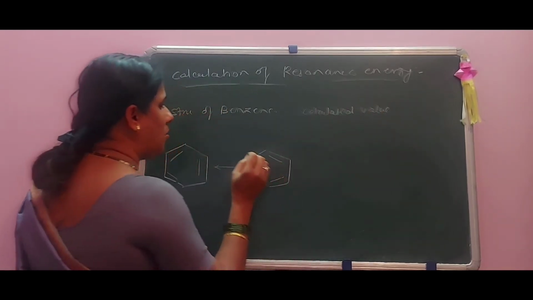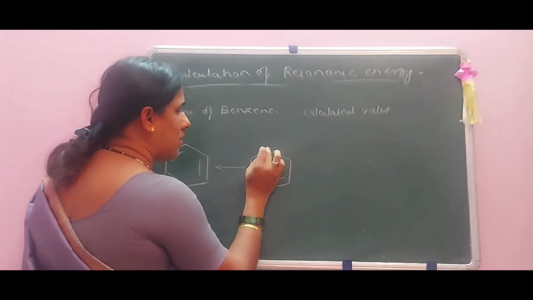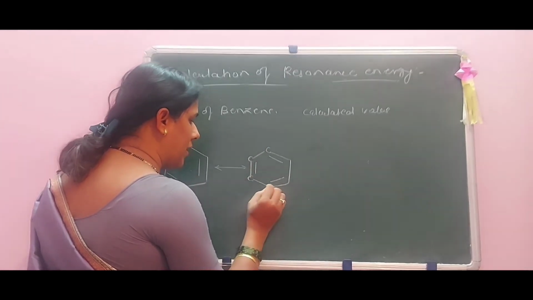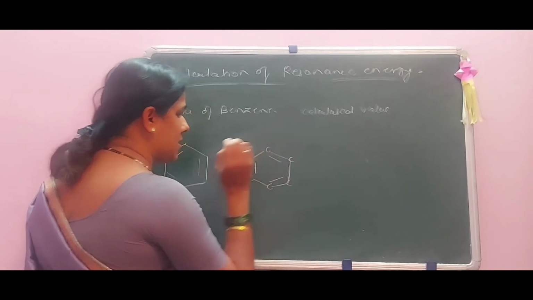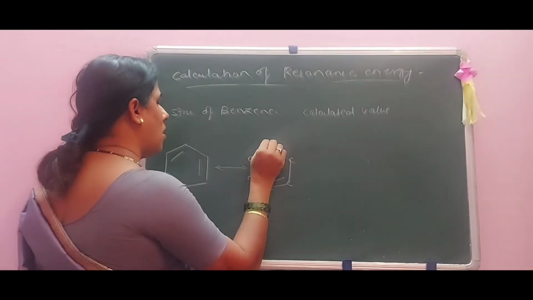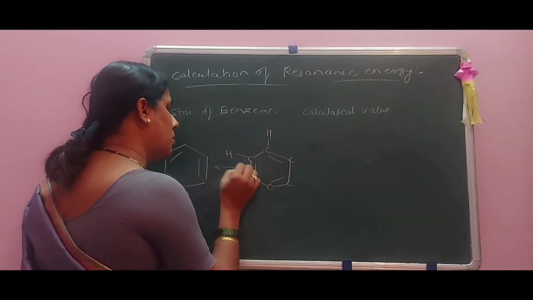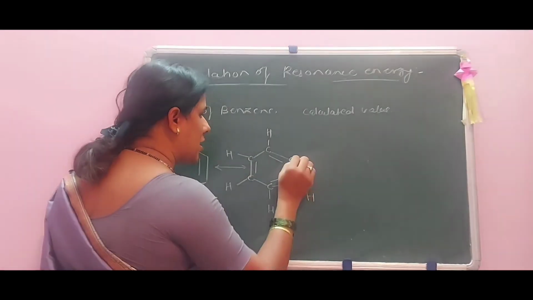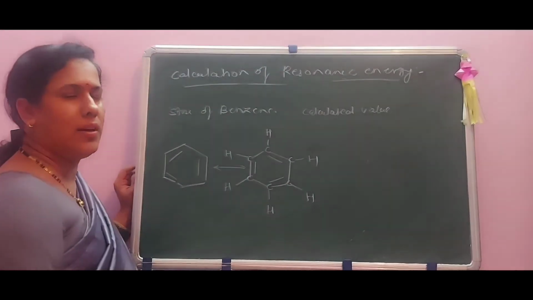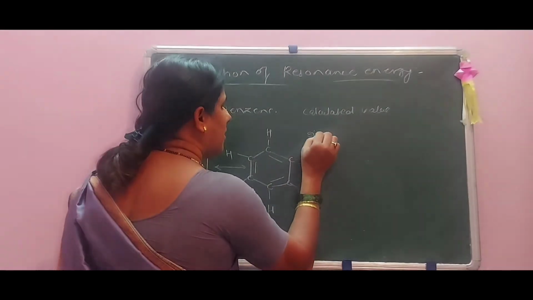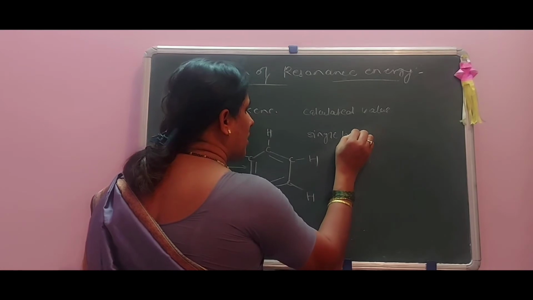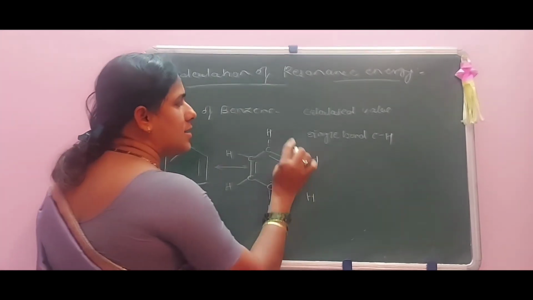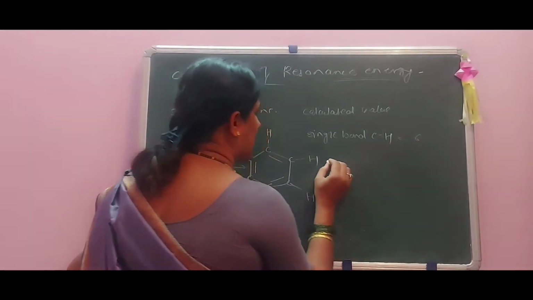For that purpose, we write this compound in a carbon hydrogen way, C and C here. Now how many H are here? H, H, and here H. How many single bond C-H? 1, 2, 3, 4, 5, 6, equal to 6.